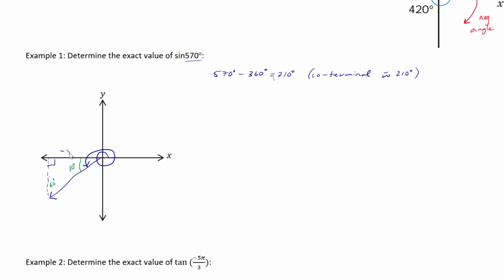This would be negative root 3, this would be negative 1, and that is 2. So sine of 570 degrees is equal to y over r, which is equal to negative 1 over 2.